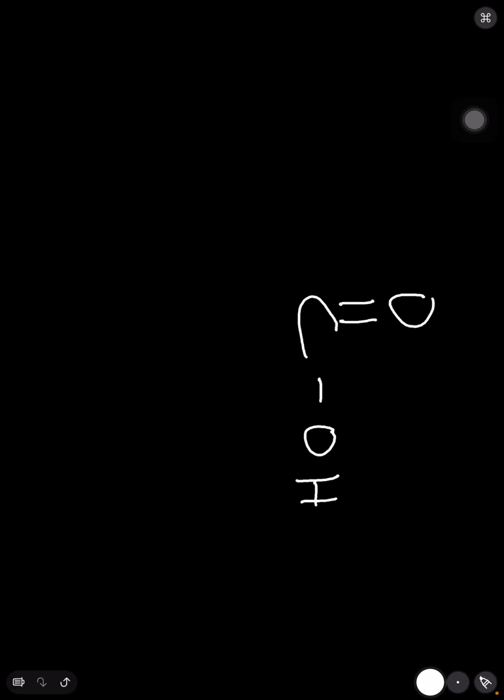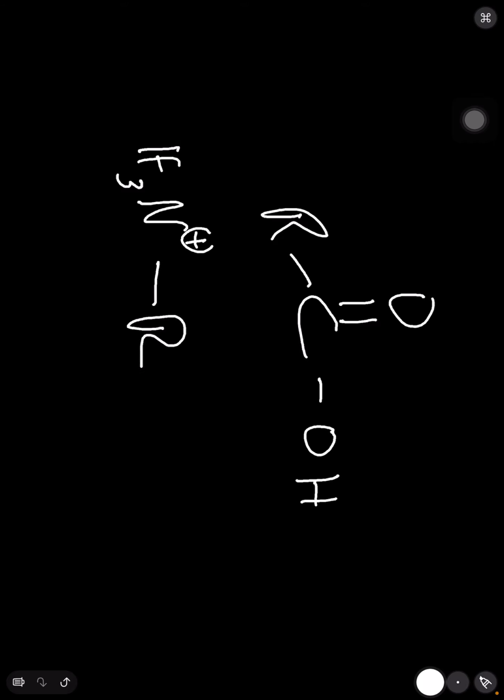I'm going to draw you the most generic, simplest form to understand, and that's the fully protonated version. I'm going to use just R here to represent the rest of the amino acid. So we have a carboxy terminus, and then we also have an N terminus. Again, for simplicity's sake, I'm going to show you the fully protonated version. And R, again, represents the rest of that amino acid.